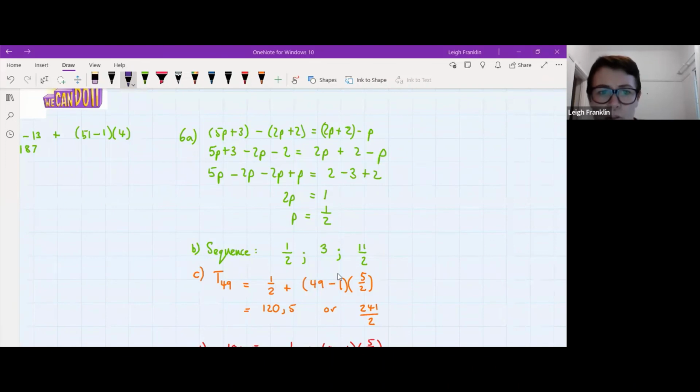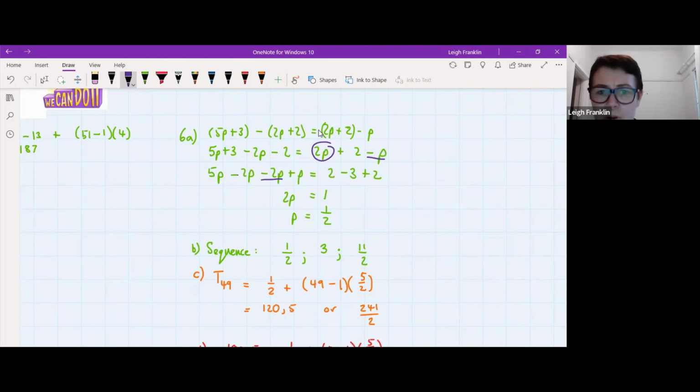Okay, so Renewa, term 3 minus term 2 is term 2 minus term 1. So it would have been 5p + 3 - 2p - 2 = 2p + 2 - p. Then when we collect all our p's on the left, we've got 5p minus 2p. Then when this term over here moves over to the left-hand side, it becomes minus 2p.